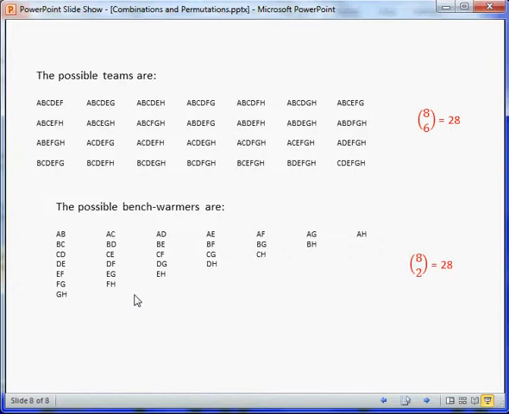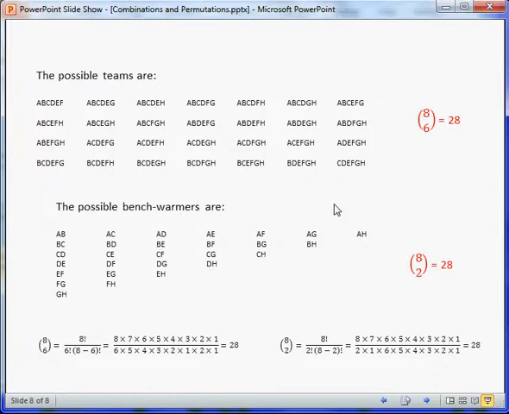Okay, so you can look in the positive sense of who's playing, or the negative sense of who's not playing, and then you'll get the same answer. Just to quickly illustrate, 8 combination 6 and 8 combination 2, using that little formula here, you'll get 28 both ways.